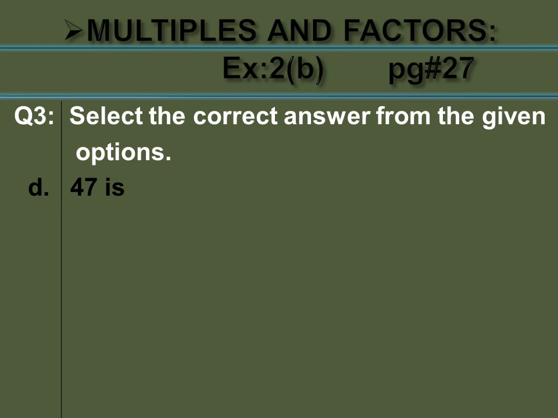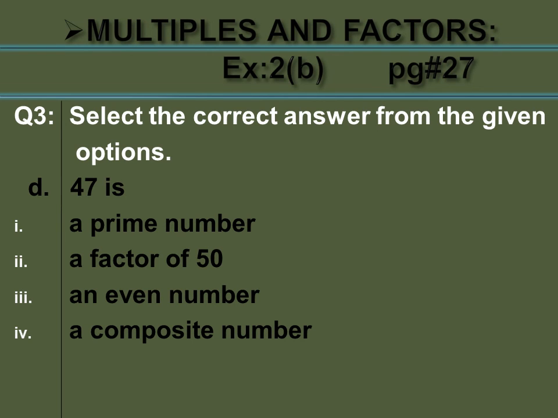Now dear students, part D. 47 is, the options are a prime number, a factor of 50, an even number or a composite number. First we will check the divisibility of this number 47. When we apply the divisibility rule for 2, it is clear that it cannot be completely divisible by 2.